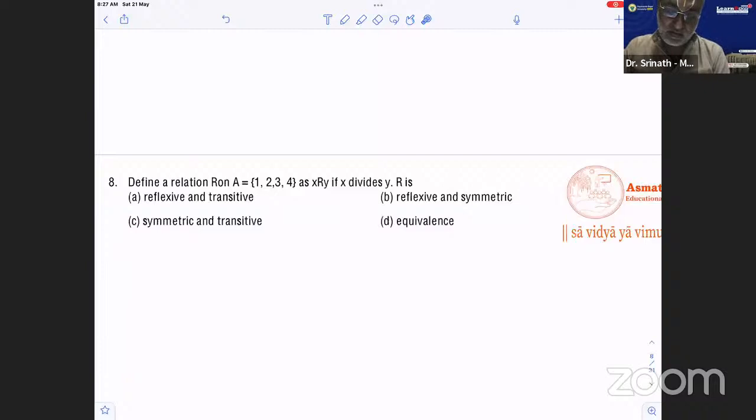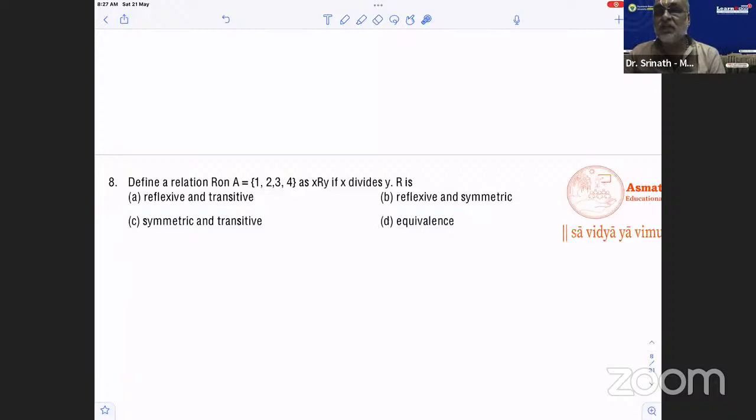Define a relation R on A = {1, 2, 3, 4}. X is related to Y if X divides Y. Then R is. See, every number divides itself. Therefore, it has to be reflexive. For example, 2 divides 4, but 4 doesn't divide 2.